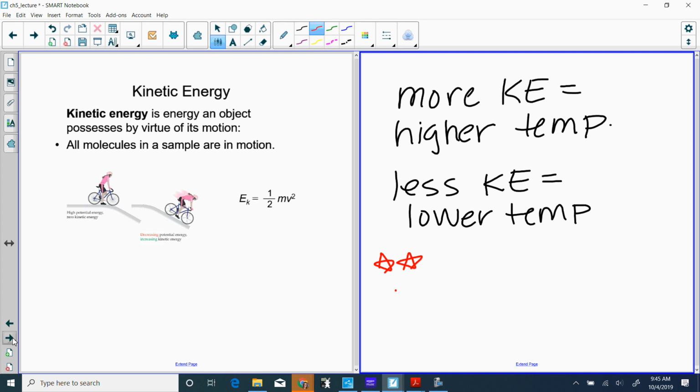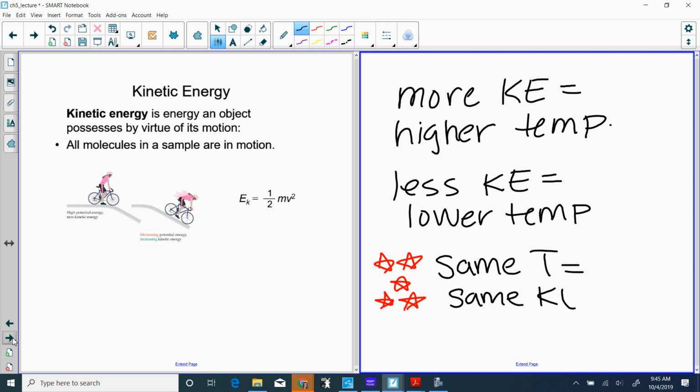All the stars, if they're at the same temperature, they have the same kinetic energy. It doesn't matter what it is. It doesn't matter where it is.